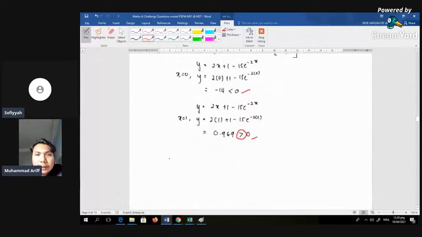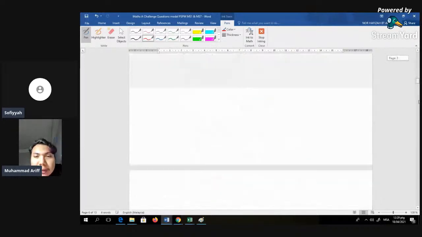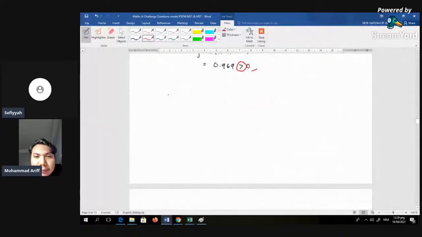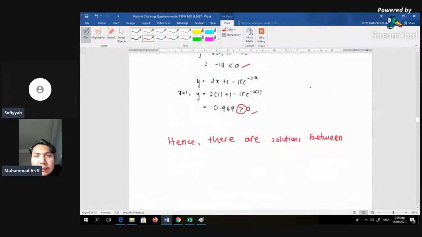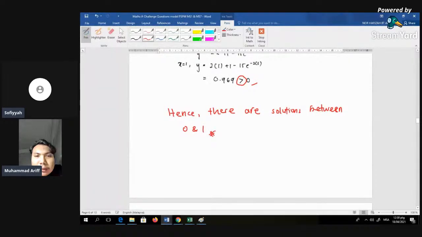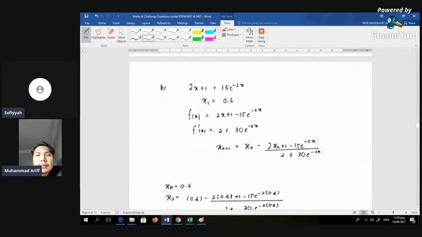Untuk soalan B pula, menggunakan formula Newton-Raphson, kita menggunakan y sama dengan 2X tambah 1, y sama dengan 15 E kuasa negatif 2X.